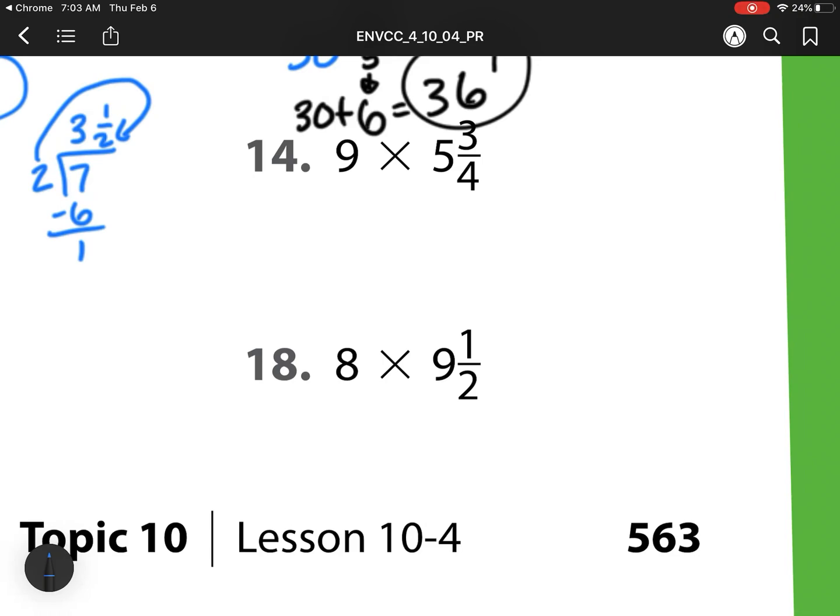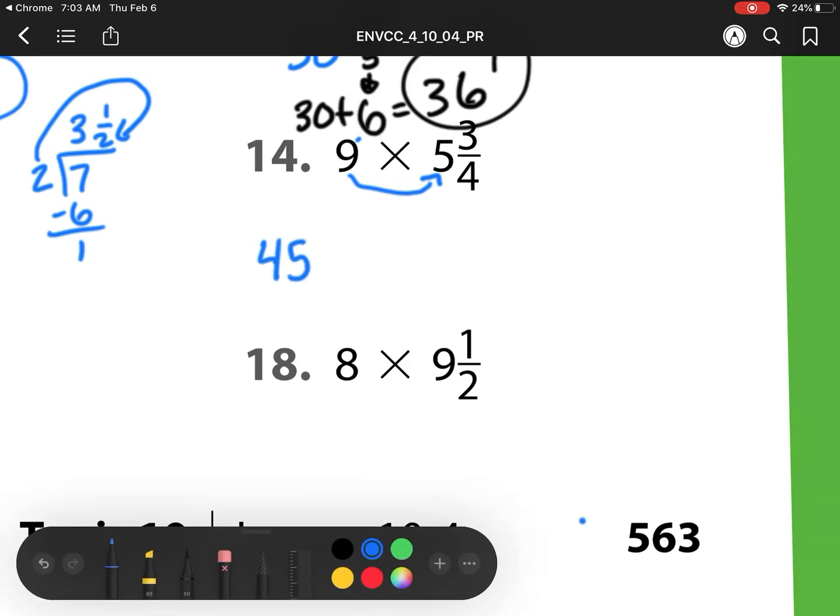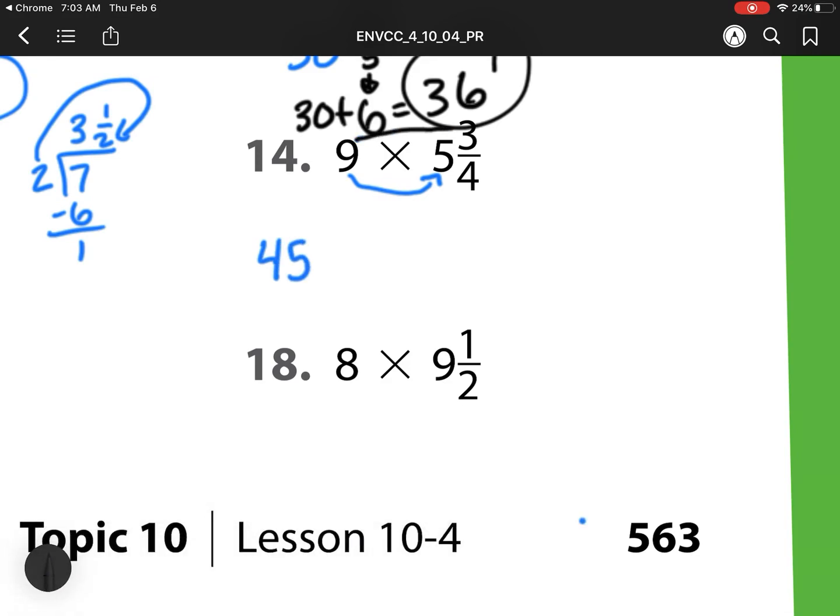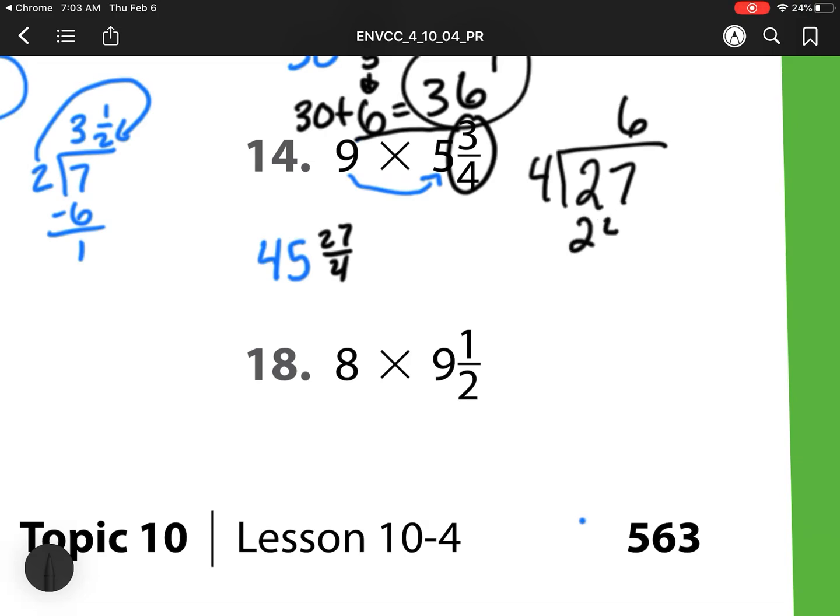Number 14, remember, multiply again. The whole numbers. 9 times 5 is 45. And then I need to figure out the fraction. 9 times 3/4. Well, 9 times 3 is 27. Denominator stays the same. Now I need to figure out how many wholes I have. So 27 divided by 4, well, that can go in 6 times. So I'll have 6 whole groups.